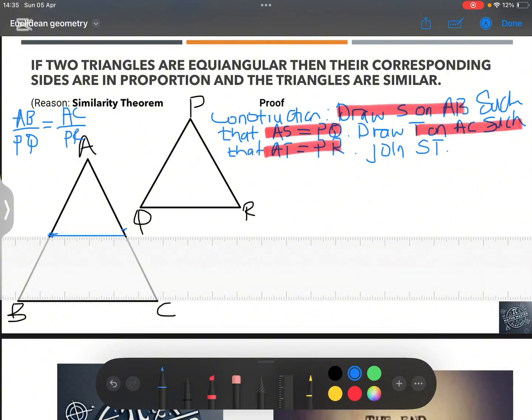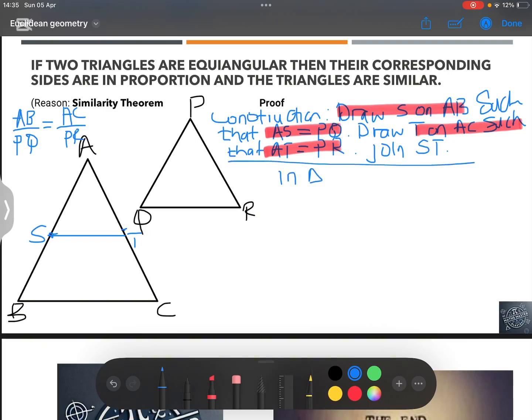ST is something of this nature. We have S, then here we have T. We have joined. So now let's look at the triangles. In triangle AST and triangle PQR, what do we have in there?